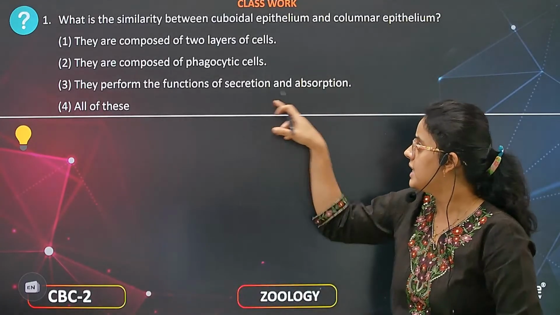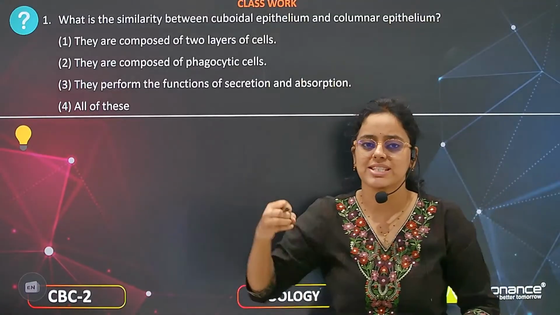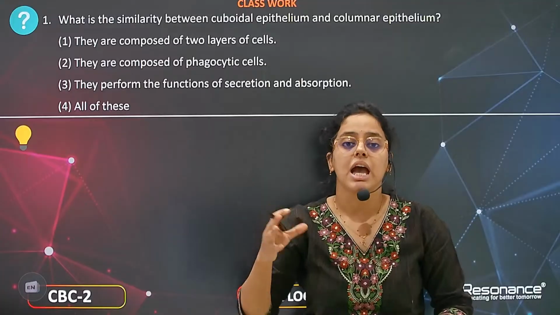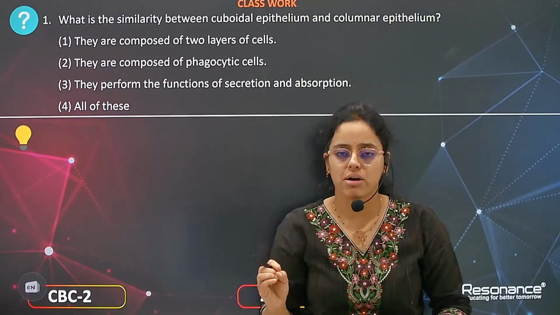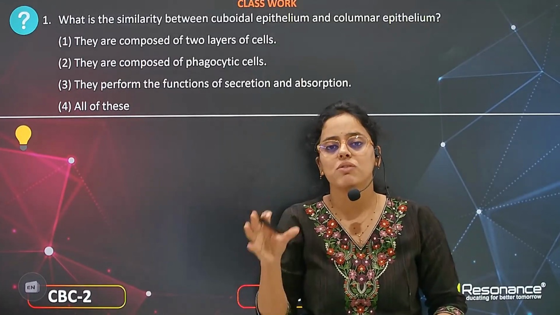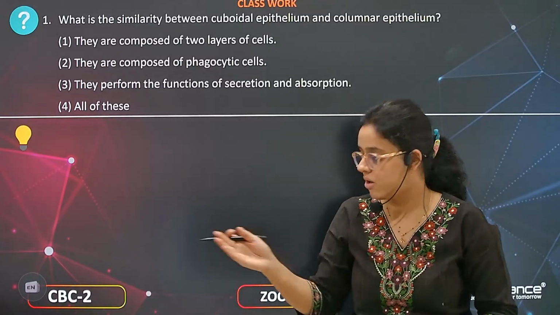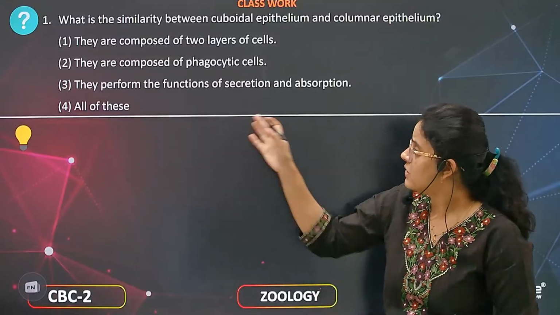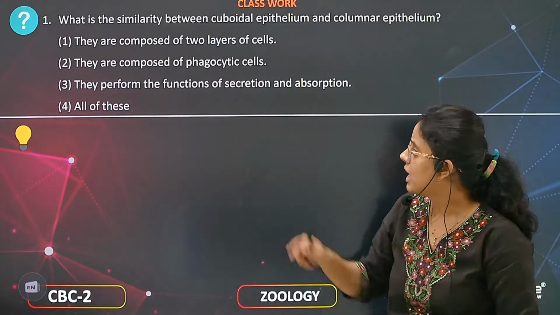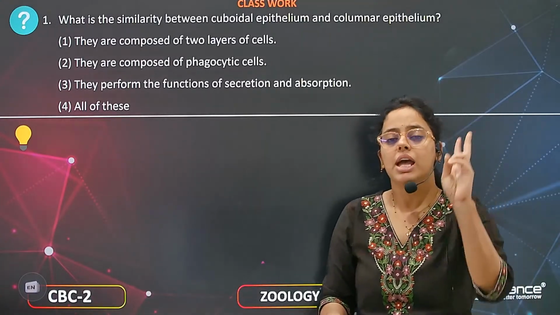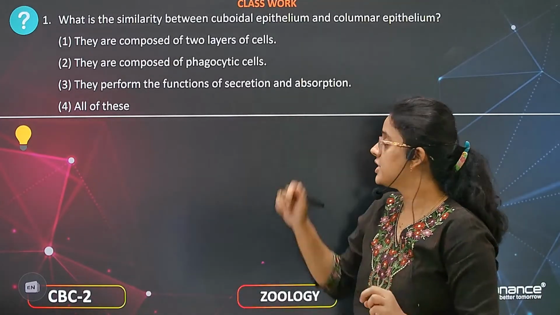They secrete certain substances or they absorb. They have cilia and a brush border, which means microvilli. The microvilli cause absorption, cilia cause the movement of foreign particles. Glandular epithelium causes the secretion. So the simple epithelial tissue performs secretion and absorption.